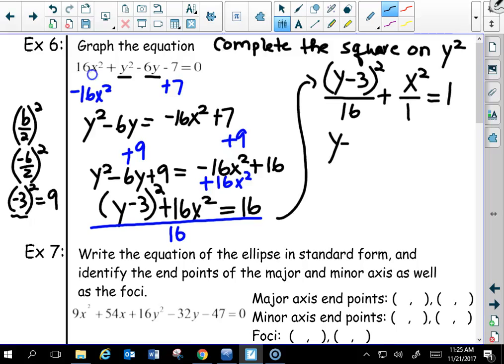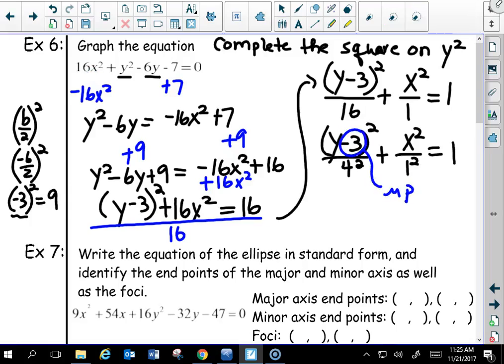So putting it in standard form so I can see all my transformations. My major axis is the y-axis. Minor axis is the x-axis. And this transformation here says the whole thing moves up 3.